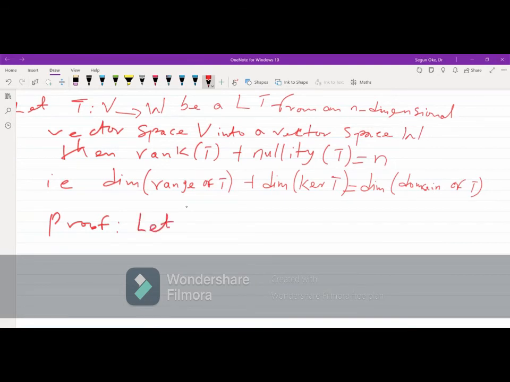Let T be represented by a matrix A, subscripts n, m, that is row and column.